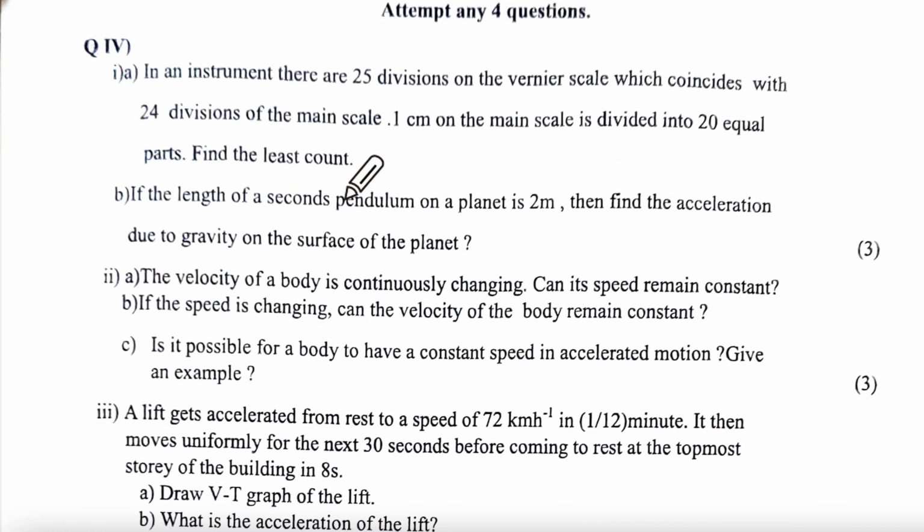What are they saying? The length of seconds pendulum on a planet is 2 meter. Find the acceleration due to gravity on the surface of that planet. What does this mean? If you are going to make 2 columns, first and the second. So this will be our Earth and this will be the planet.